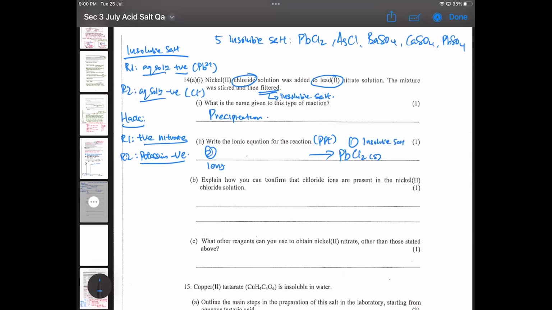What are the ions that form lead-2 chloride? We have the lead ions and we have the chloride ions. And because of the 2, I put a 2 in front of the chloride. The solution is always aq. That's why we have this. So this is the easy way to do the precipitation ionic equation.